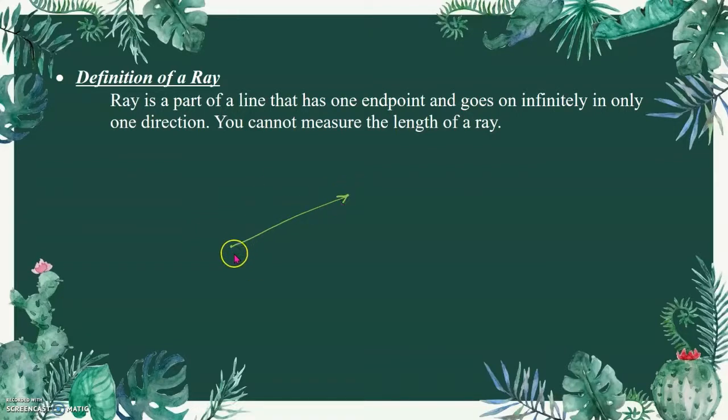Now, the endpoint of a ray, let's have this one as point A, and let's have another point on this part of a ray, and let's say this is point C.